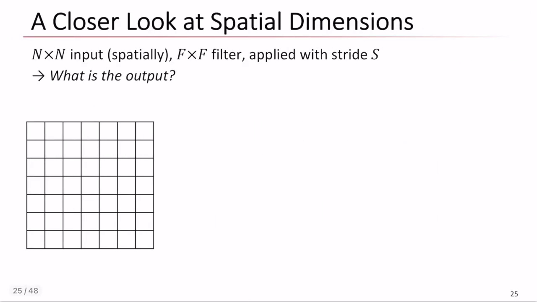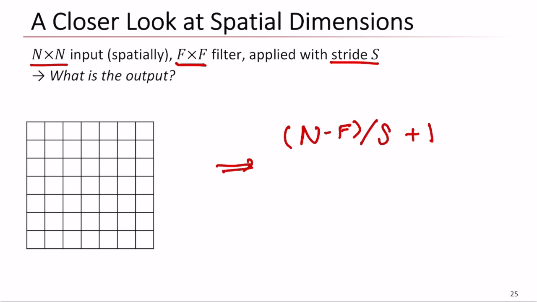Then let's formulate a very powerful relationship between the size of the input, the size of the filter, and the stride. Your output is going to be (n minus f) divided by s, plus 1. That's the output size. Of course, this is just the single axis output.